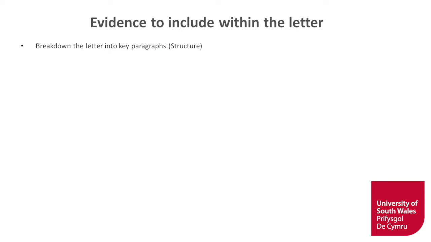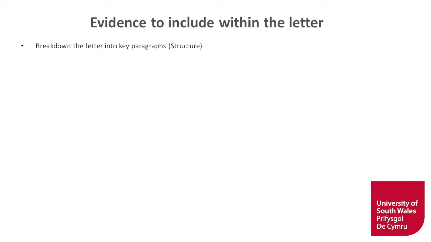Okay, so in terms of what you need to include within your letter, I'll go through the marking criteria in a minute, but you get marks for the structure. You get marks for your grammar, you get marks for your spelling. So I think there's up to 10 marks for that. So I would expect to see your letter structured in a particular way.